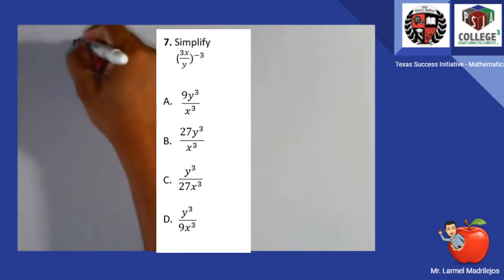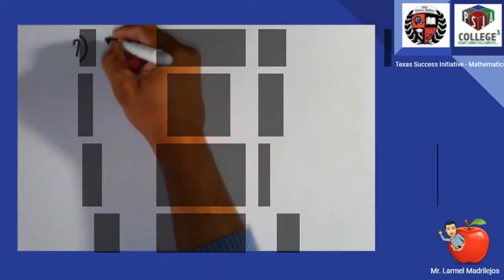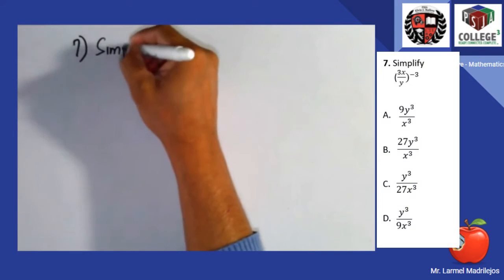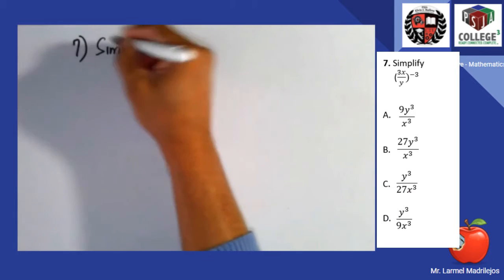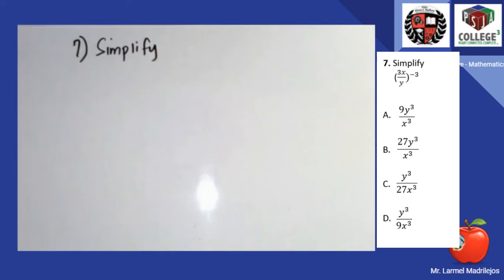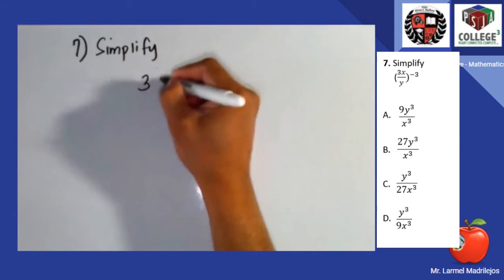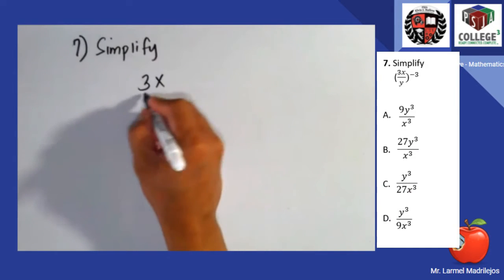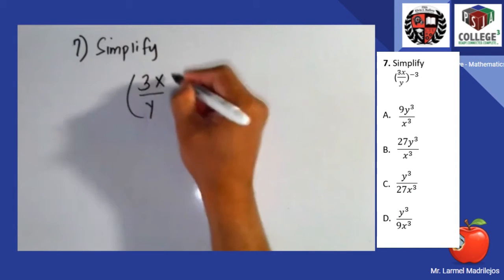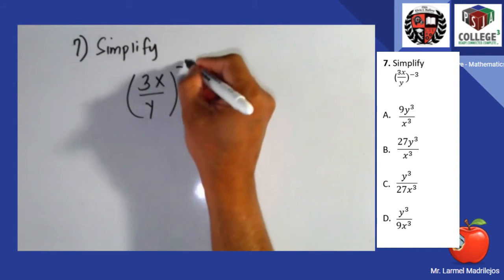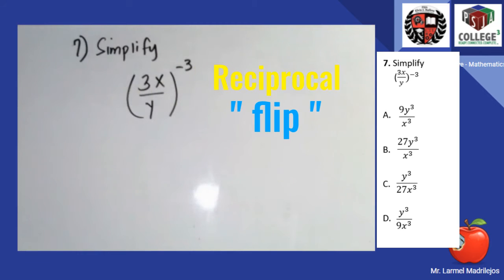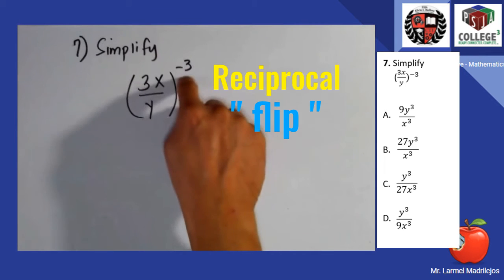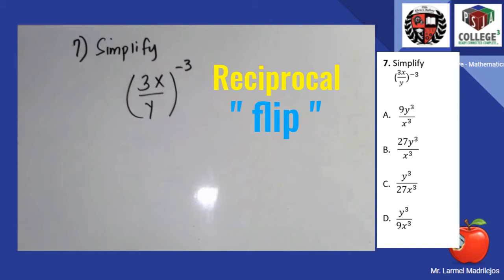Simplify x over y raised to negative 3. The same rule we're going to apply. So I'm going to flip this. Okay, remember the rules earlier?